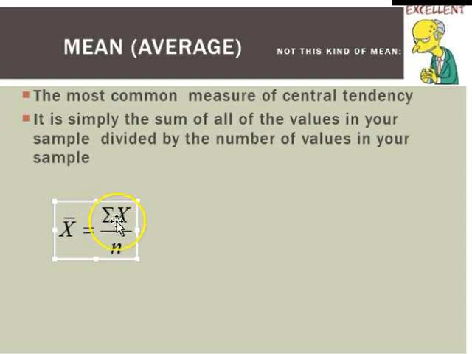The sigma symbol you should recognize as just instructing you to take the sum of whatever follows it. So this would be the sum of all of the x's, all of the observations. And a lowercase n usually represents the sample size. So this is really saying the exact same thing as we said in our words. We are going to calculate the mean by taking the sum of all of the observation values and dividing it by the number of observations.